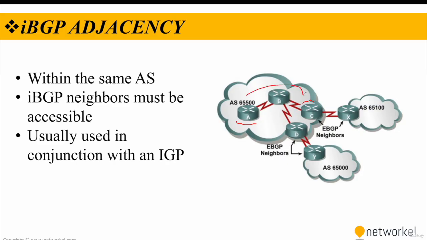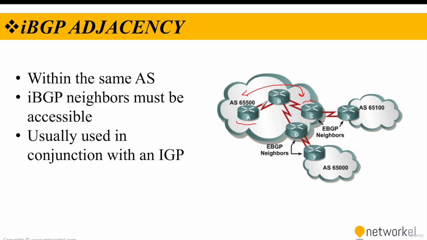Those two can become iBGP neighbors. These routers do not need to be directly connected. Even if they are not directly connected, router A and router C can become BGP peers.